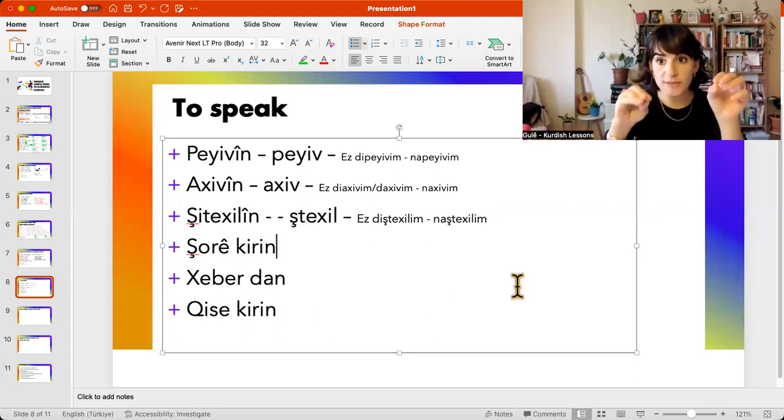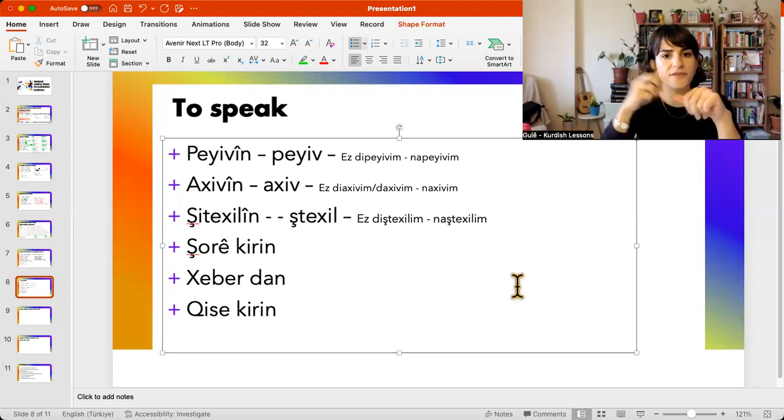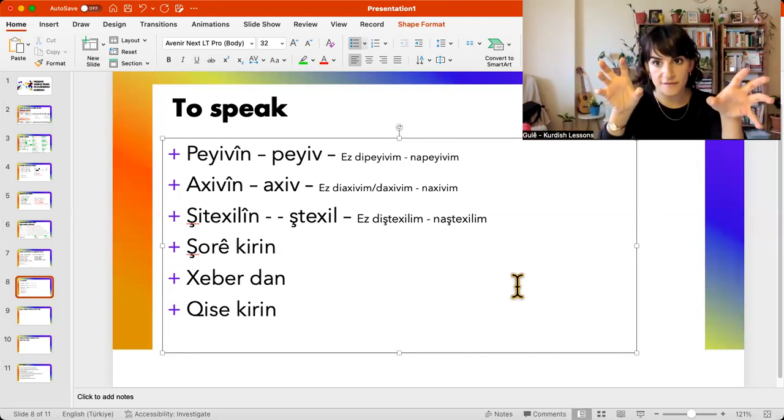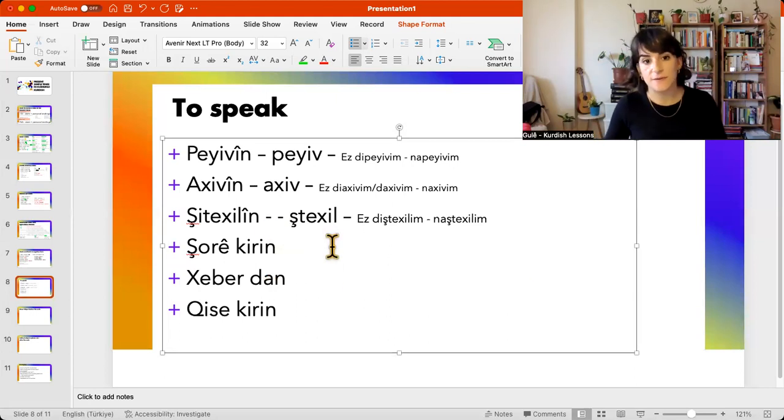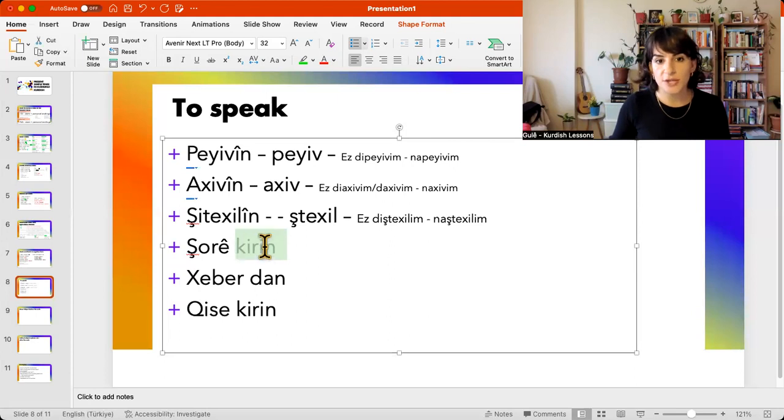So there are some verbs in Kurmanji that consist of two words: the main word and another verb. So shorekirin is one of these. When you conjugate this kind of verb, you only change this part, okay? So kirin, the stem is "k" only. So you say "as shoredikum."